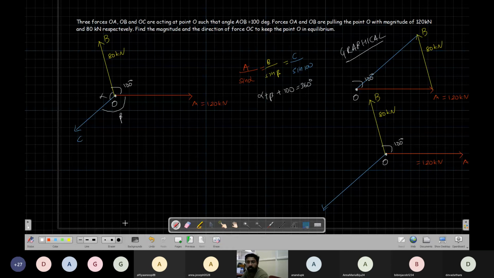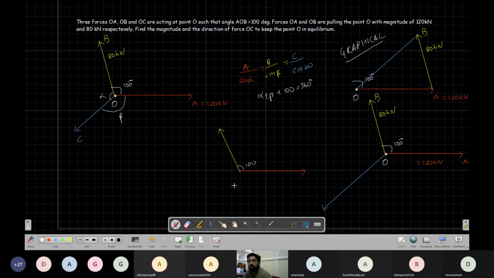There is one more method in which we can solve this without using Lami's theorem. So the other method is this 100. I think we can solve with this method first because it is an easier method.